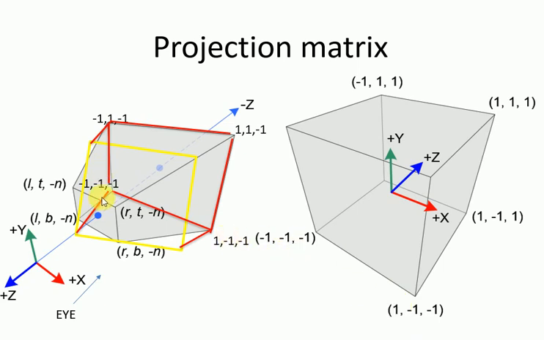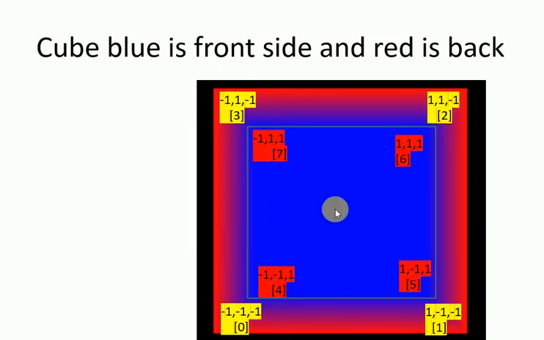Then -1, 1, 1 is the front part of the cube, and then 1, 1, 1 is projected. On the screen, the blue color is the front side and the red is the back side.